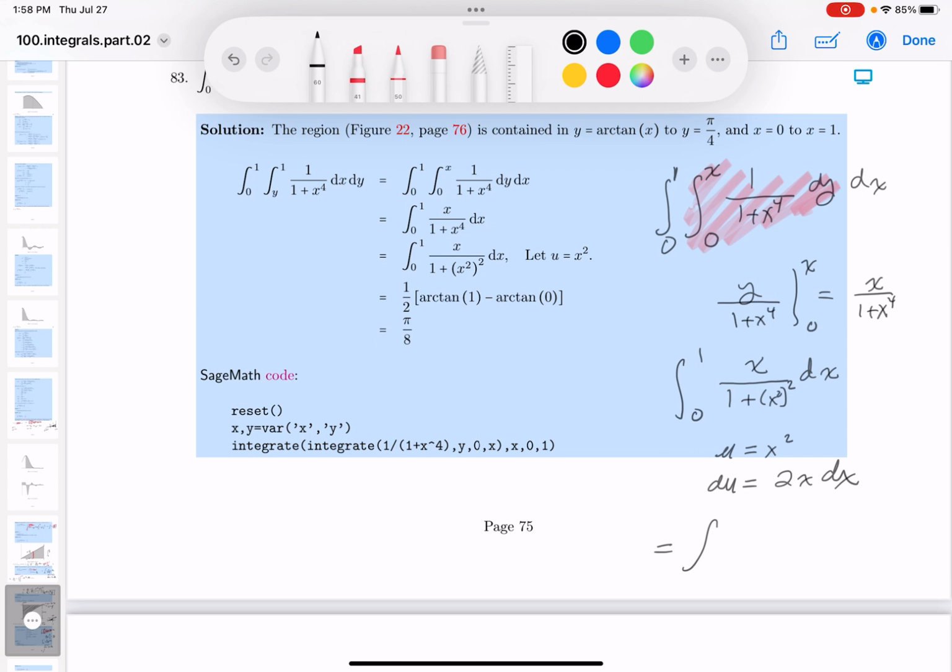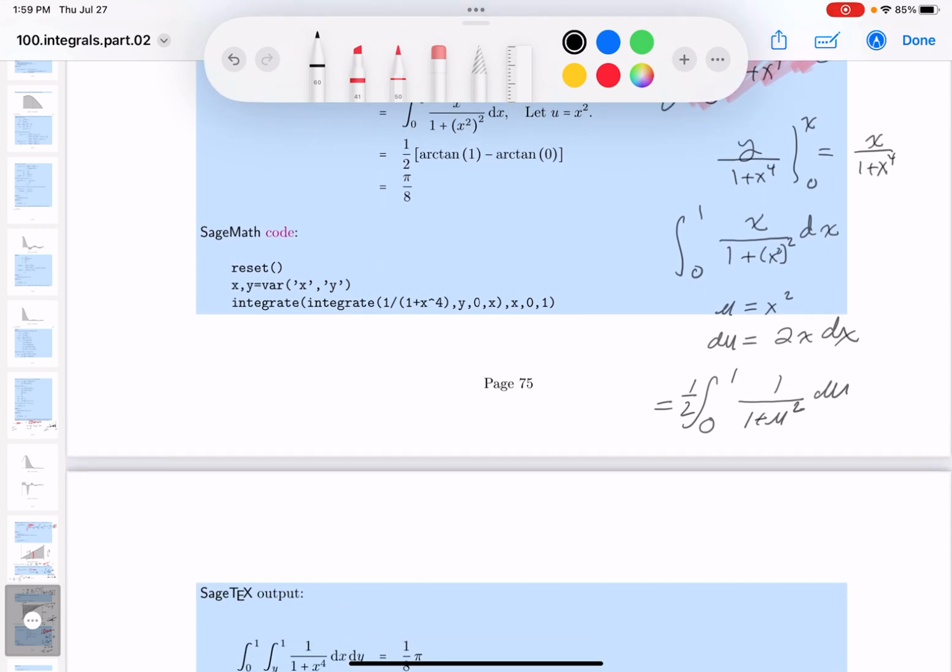Well, when x is 0, u would be 0. When x is 1, u would be 1. x dx is 1/2 of a du. And on the bottom, what do you get? You get 1 plus u squared.